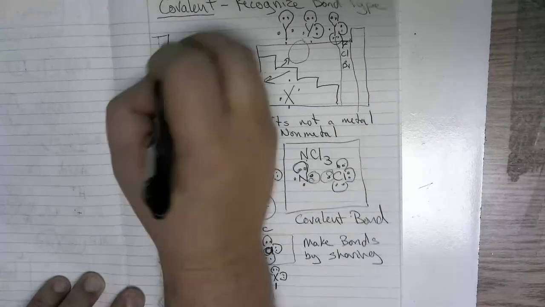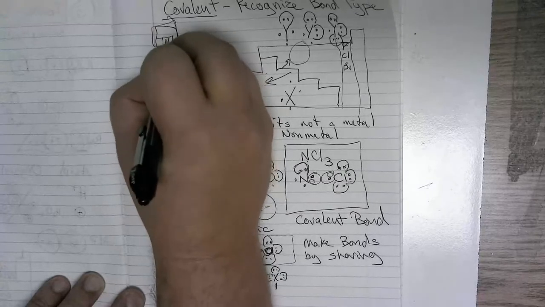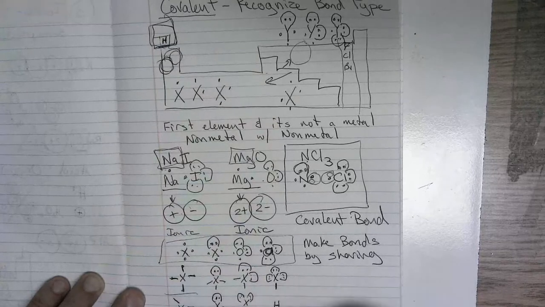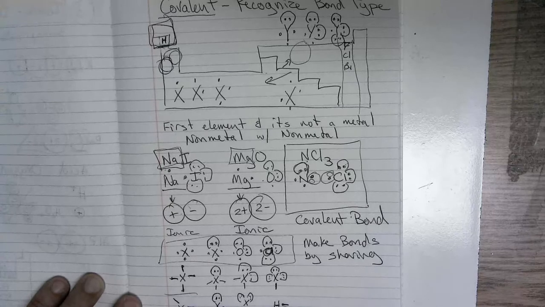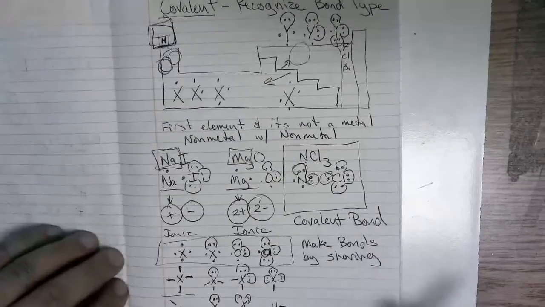The other one that makes a single bond, who is also a nonmetal, is kind of off on his own, hydrogen. And hydrogen does not have any lone pairs. He just has a bond. And that's it, because he only needs to fill 2 electrons. Okay, so that's how you recognize bond type.